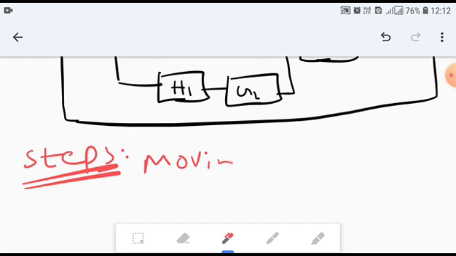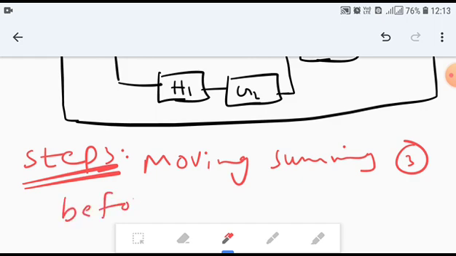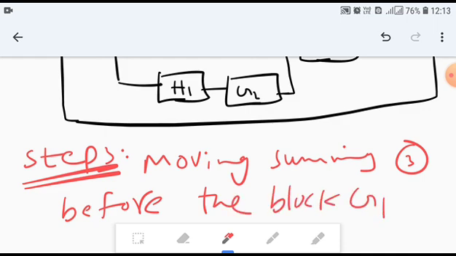Moving summing point 3 before the block G1. We have to do some adjustments when we move the summing point before G1.